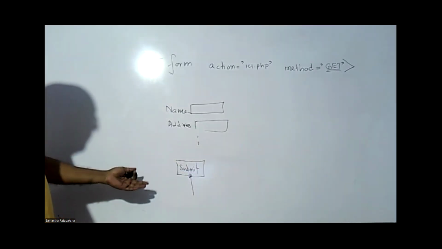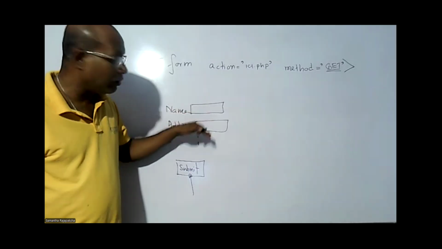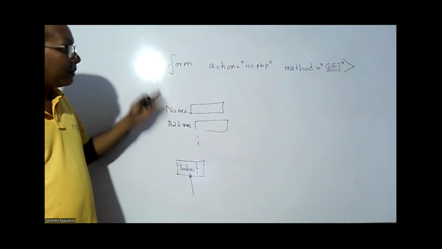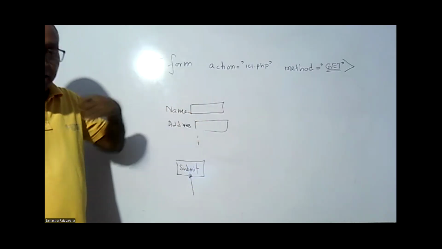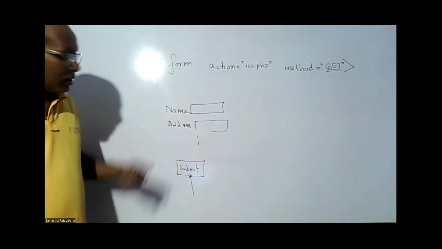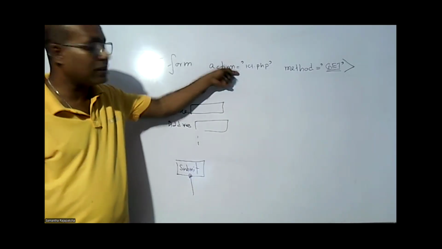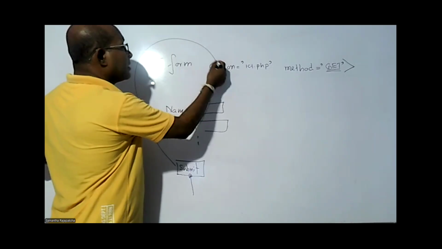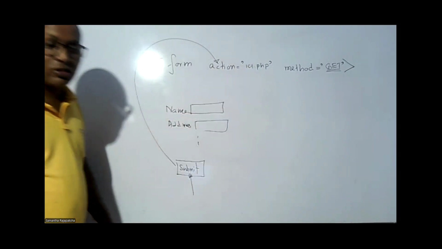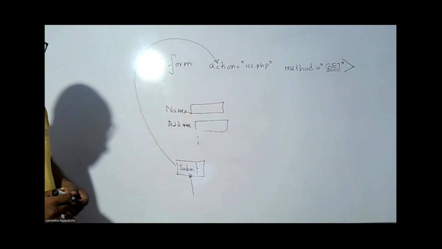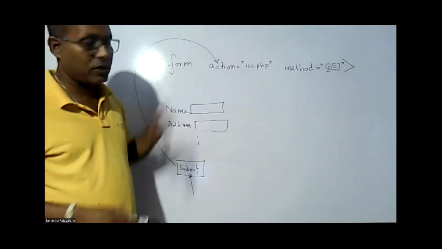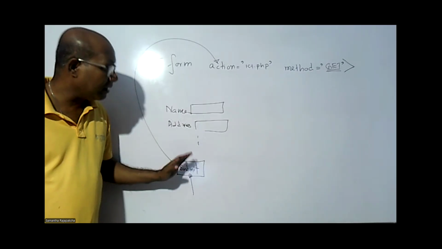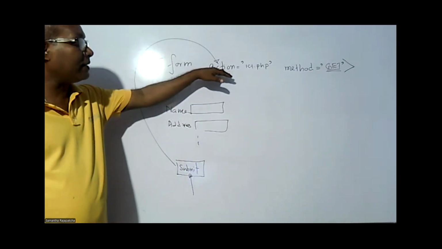Then the data you have filled in the form must be saved in a database or sent to another page. Some action should be taken. That is what is defined by the term action. When you click the submit button, this action part indicates what action is to be taken. When you fill the forms and submit the data, we want to take some action, and the action is defined here.